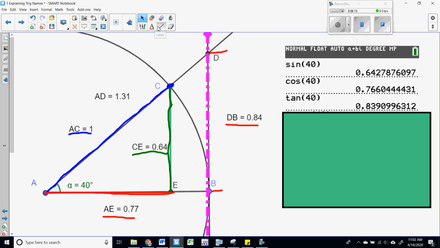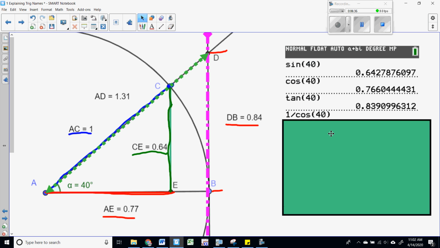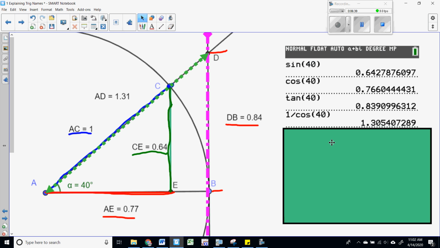Now, our last one. If we look at this secant line that goes all the way through the circle, this line here is from A to D. The measurement of that line, A to D, is 1.31, which you can guess, if I do 1 over cosine, which is the secant, I get 1.31.